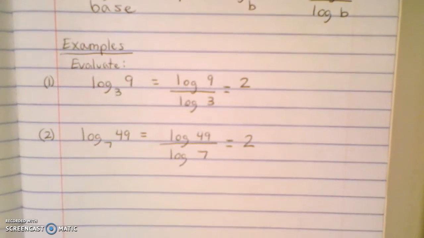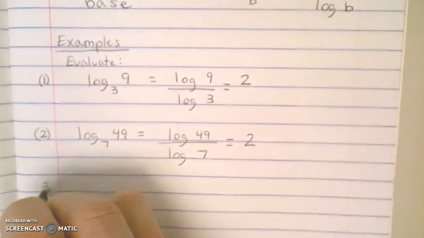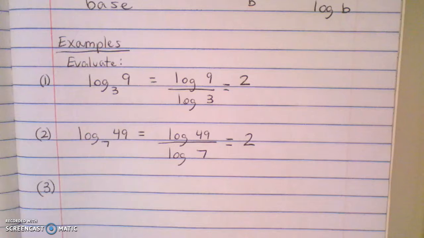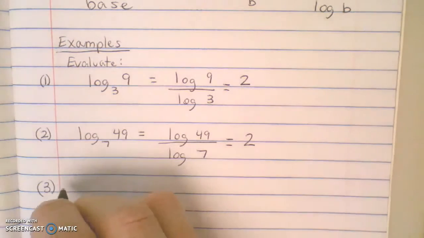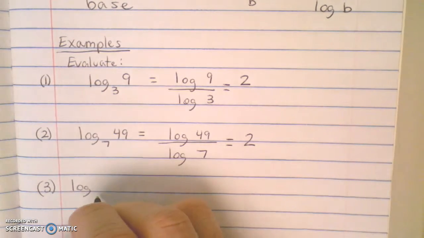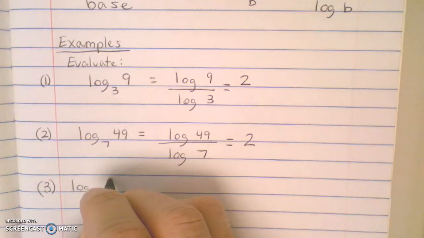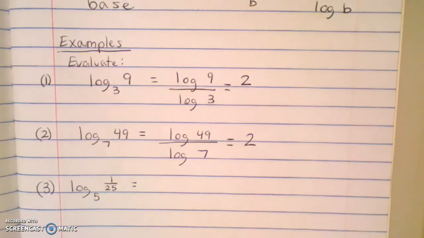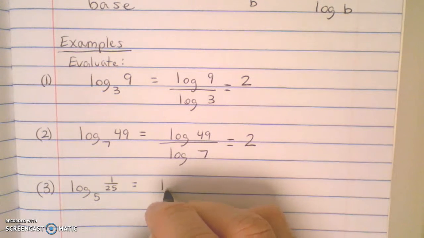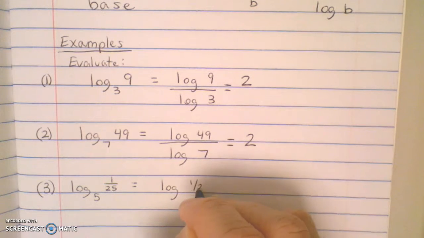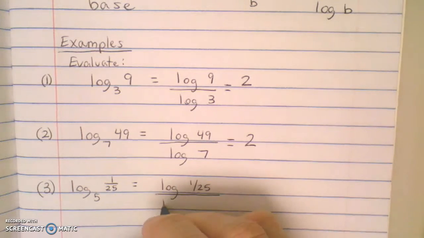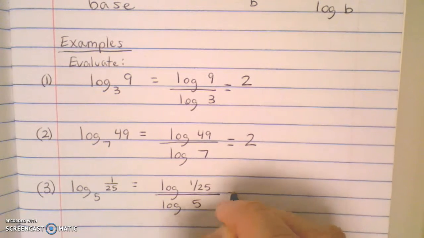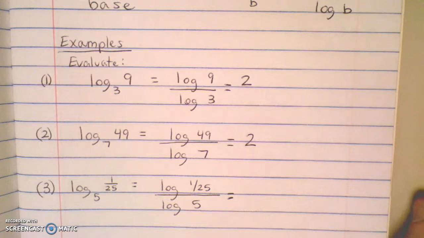Let's try another one. We'll do log base 5 of 1 over 25. So I rewrite it in my change of base form, where I take log 1 over 25 over log 5. So with this one, you got to be careful because you're typing in a fraction.